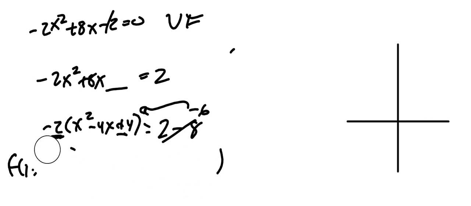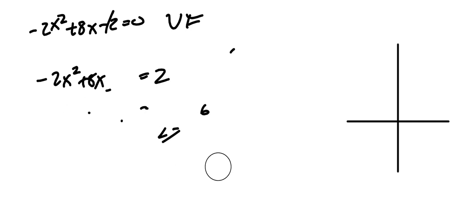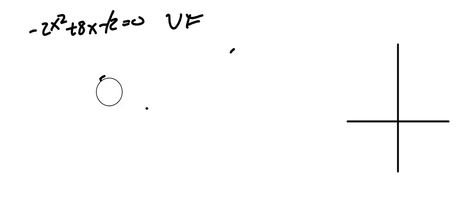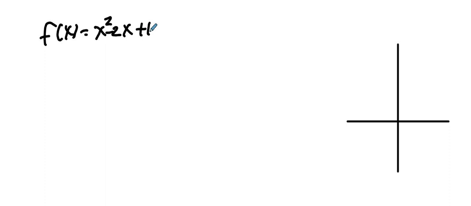So, next thing up is inverse functions. Inverse functions are essentially functions that are inverted over y equals x. So, if we have the function f of x is equal to x squared minus 2x plus 1, let's say we want to find the inverse function f of negative 1 of x.